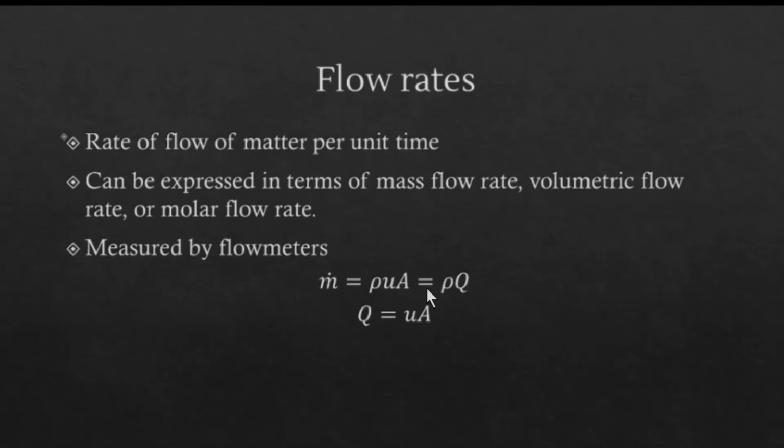Alternatively, you can also convert between volumetric flow rate, which is capital Q, and mass flow rate by the use of density. So the mass flow rate is equal to density multiplied by the volumetric flow rate. And as you may have noticed from this first equation, the volumetric flow rate is determined by multiplying the bulk velocity of the fluid with the cross-sectional area of the conduit of the flow.